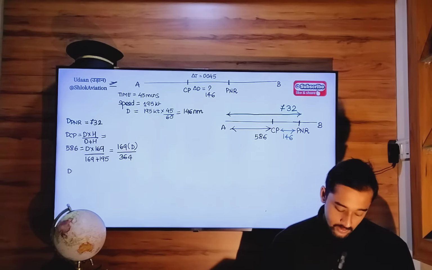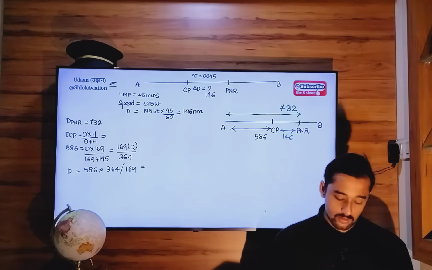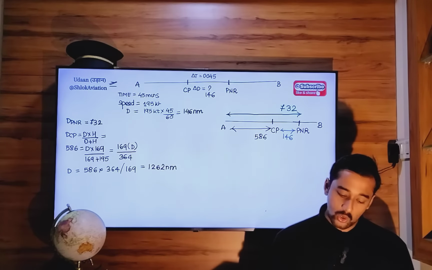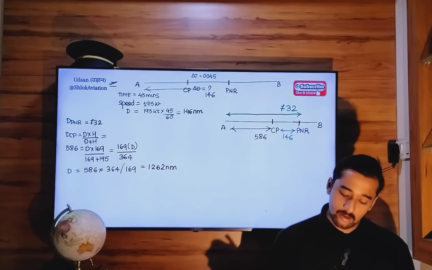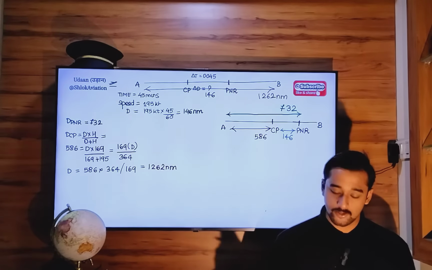So D will be equal to 586 into 364 divided by 169, which is 1262 nautical miles. So the total distance between A and B is 1262 nautical miles.